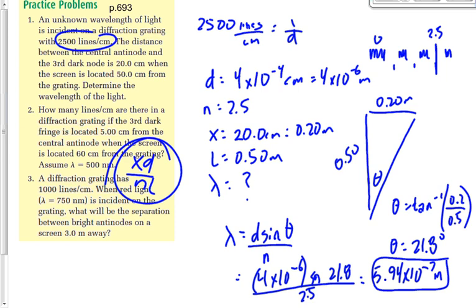Sorry, one more little thing that I wanted to point out here, guys. If you're doing a conversion in these questions between centimeters and meters or millimeters and meters, make sure the centimeters is on the top. So if you've got 2,500 lines per centimeter, don't try to convert that to lines per meter. Get it in D first. Don't ever try to convert 1 over D to meters. Get D and then convert it.